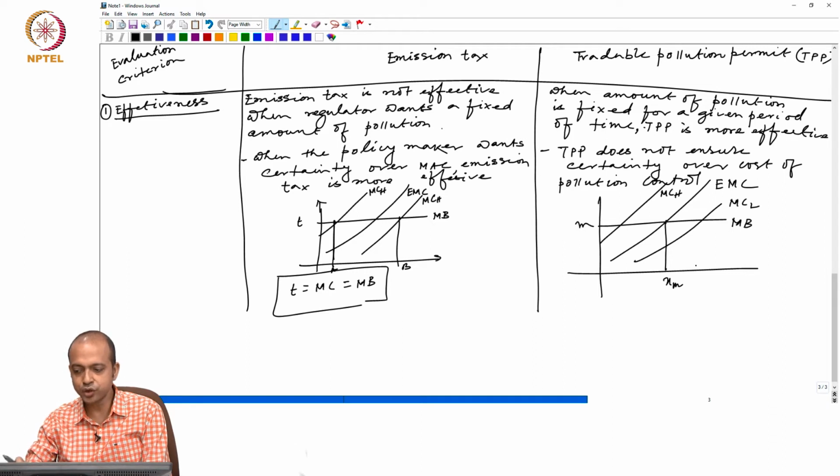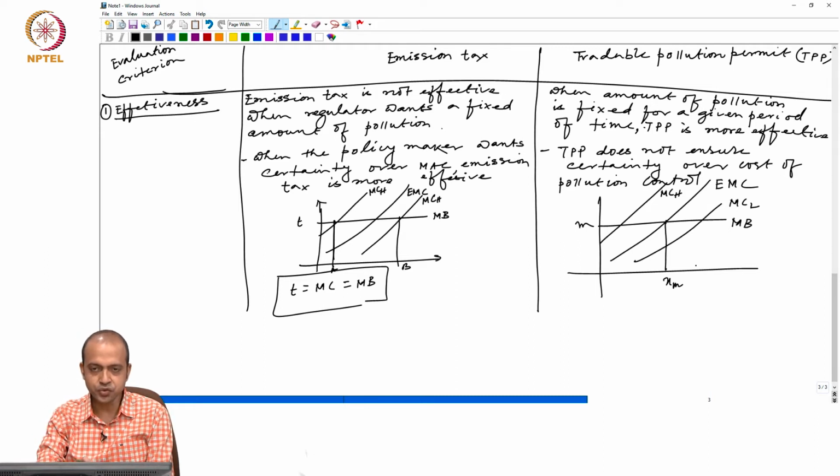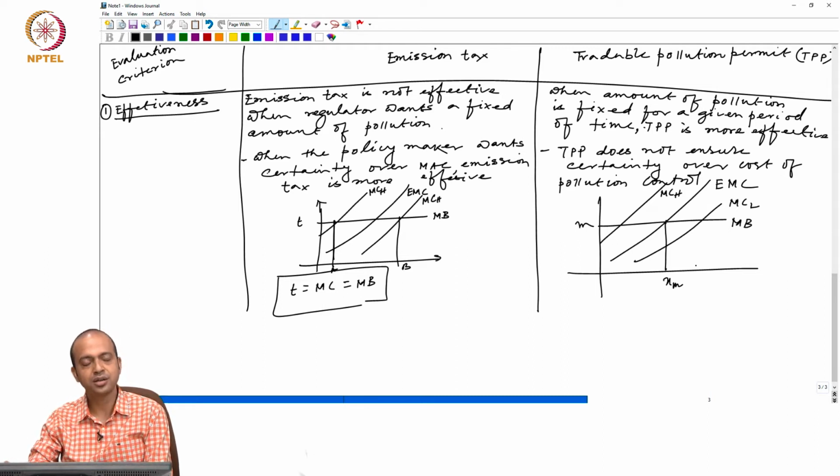As a result, when the marginal cost is unknown and MB is a flat straight line, emission tax is fully effective while the tradable permit system is not.